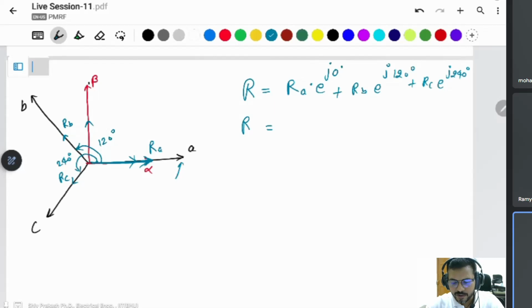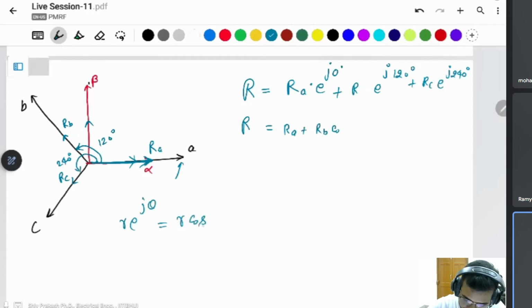Magnitude of R with respect to all three phases is RA plus RB. You know that R e to the power j theta is equal to R magnitude cos theta plus j R sin theta.